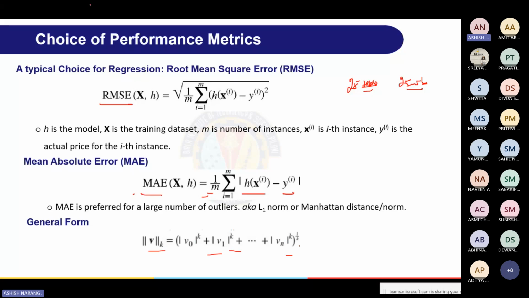If you put k equal to 2, this becomes RMSE. I hope it is making sense what root mean square error and mean absolute error are, and why we want to minimize them. Is it making sense or not?